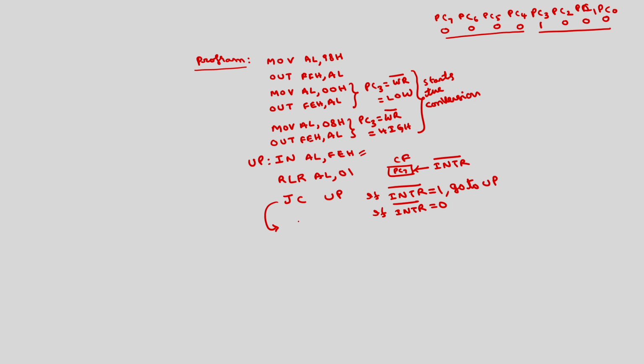The digital equivalent of the temperature is available in port A, so you have to write IN AL, port A address FCH. After this instruction, AL will contain the digital equivalent of the temperature value in hexadecimal form.